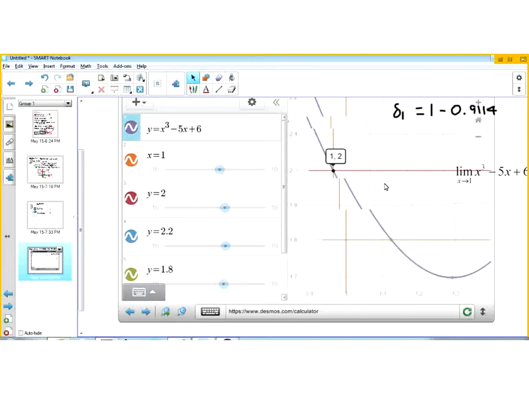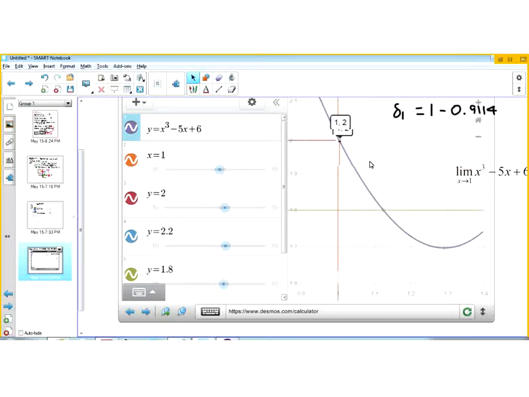Now, if I pan to where the graph intersects the bottom portion of the strip, and it's closer to x equals 1. So the coordinates of this point, at least the abscissa of the intersection, would be 1.124.